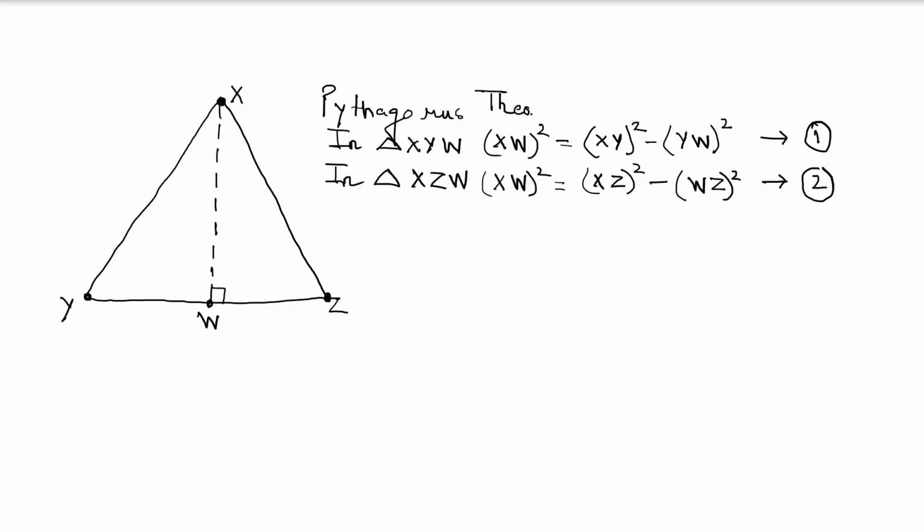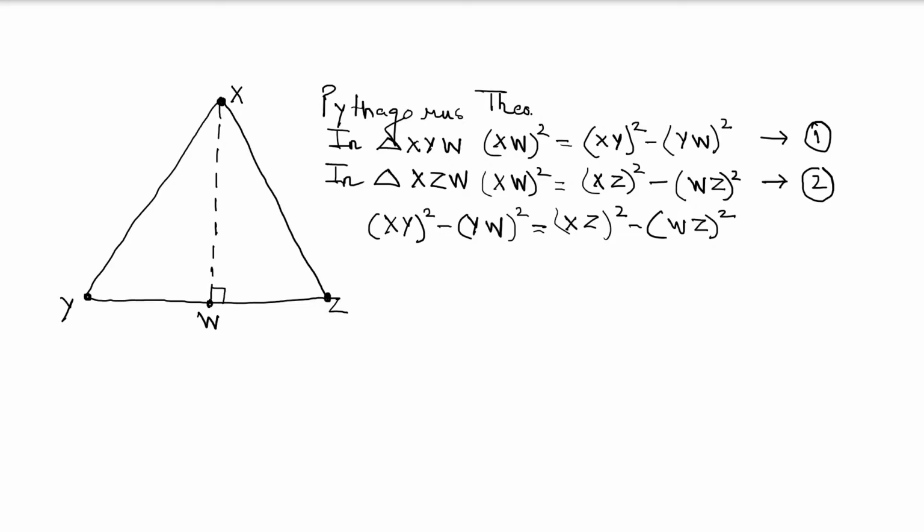Now we know that the left hand sides of equation 1 and equation 2 are the same, so we can equate their right hand sides. What are we saying basically? We are saying that XY whole square minus YW whole square is equal to XZ whole square minus YW whole square. I'm sorry, WZ whole square.